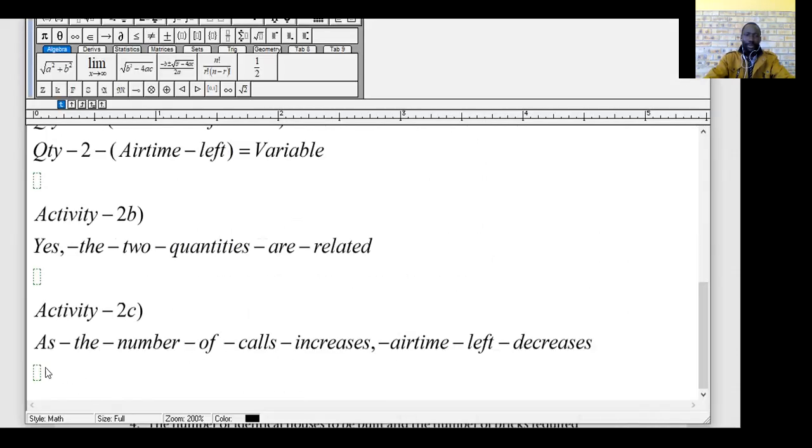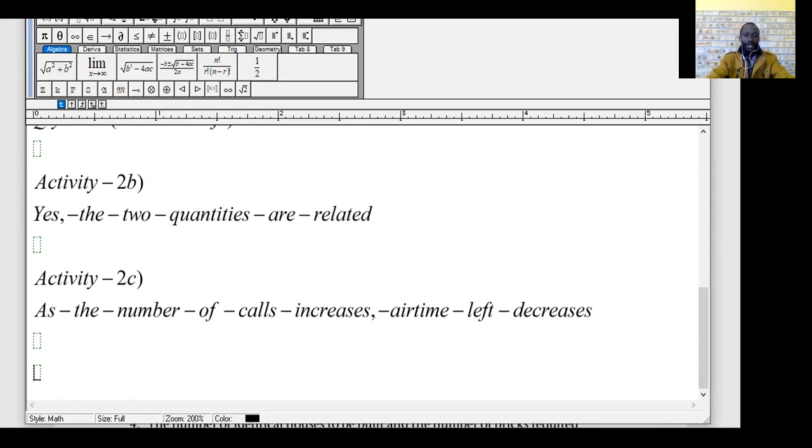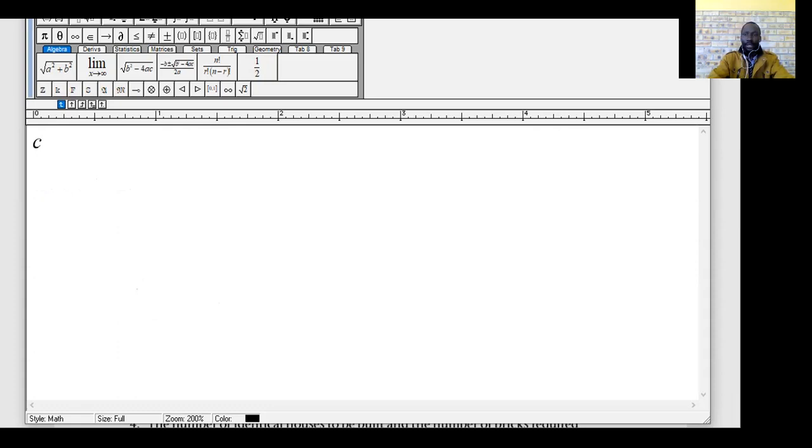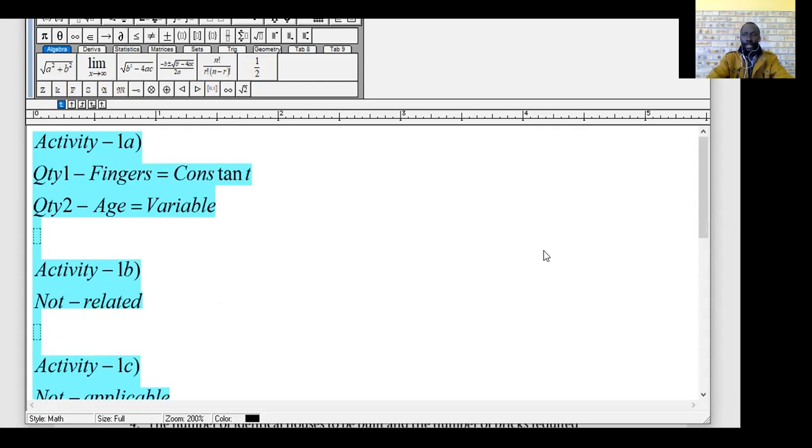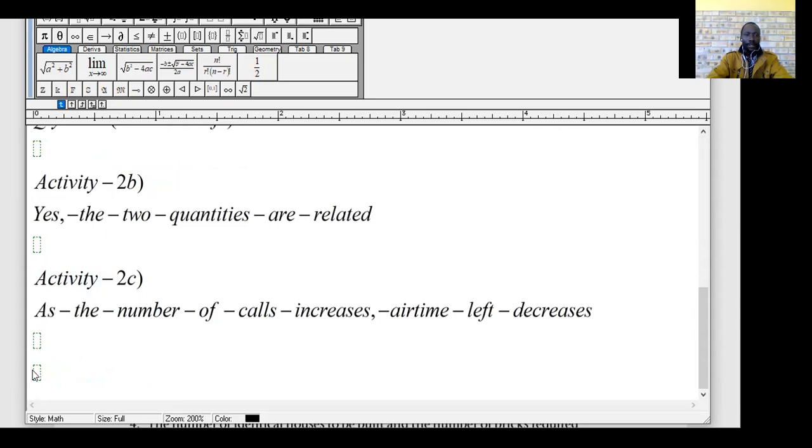This is going to be our third activity. This is activity 3.